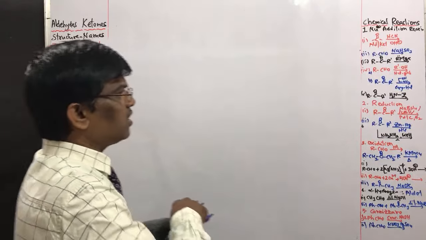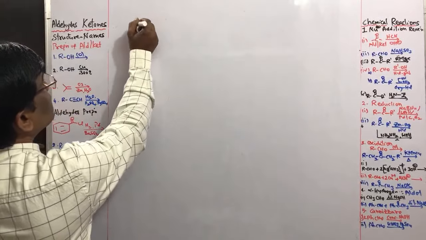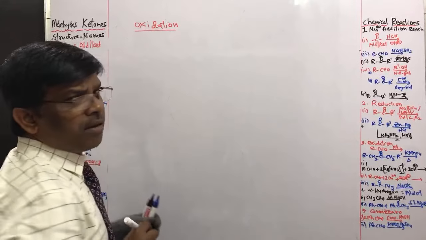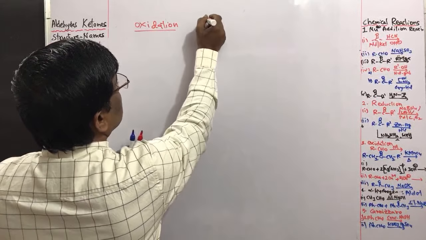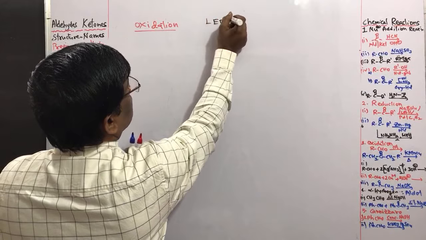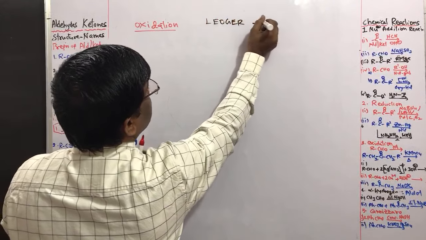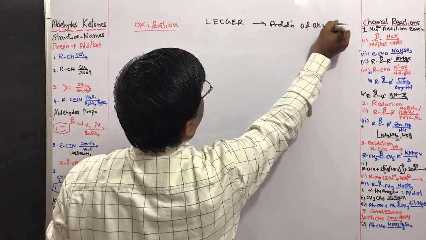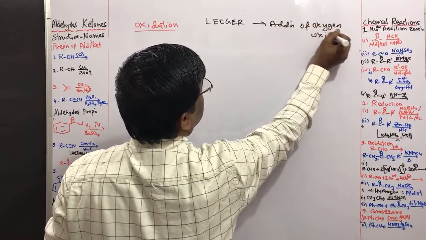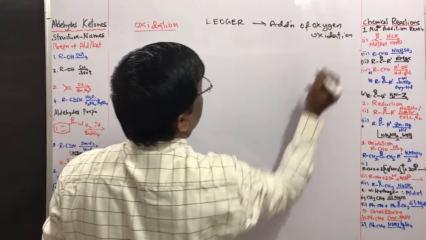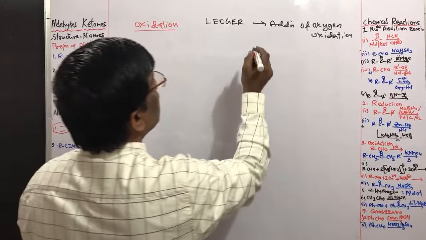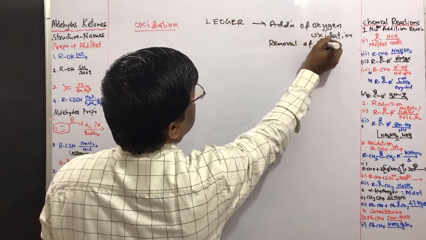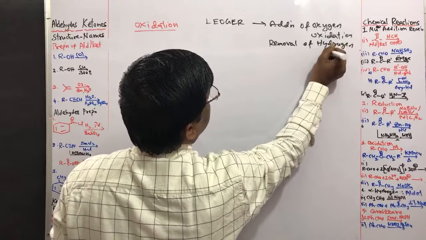Let us see oxidation of aldehydes and ketones. In principle, what is oxidation? Addition of oxygen is oxidation, right? Or removal of hydrogen is oxidation.